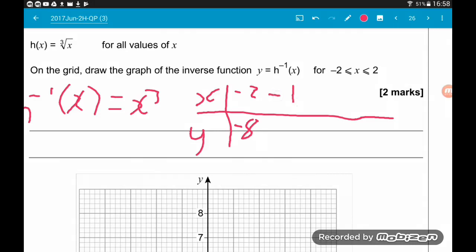Then when x is -1, -1 cubed is -1. When x is 0, 0 cubed is 0. When x is 1, 1 cubed is 1. And then when x is +2, we get y is +8. So we want to plot these points on the graph below and join them up with a curve to get something that looks like this.